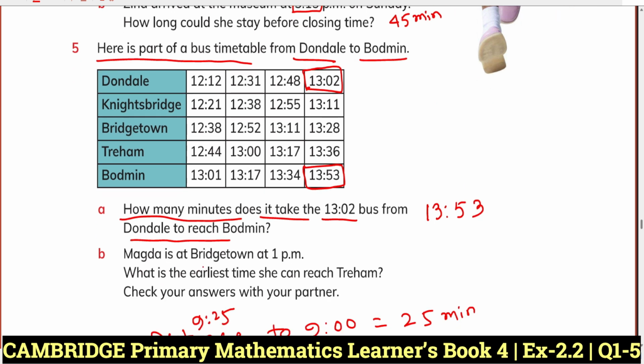Magadha is at Breeze Town at 1 p.m. What is the earliest time she can reach Tirham? Check your answer with your partner.